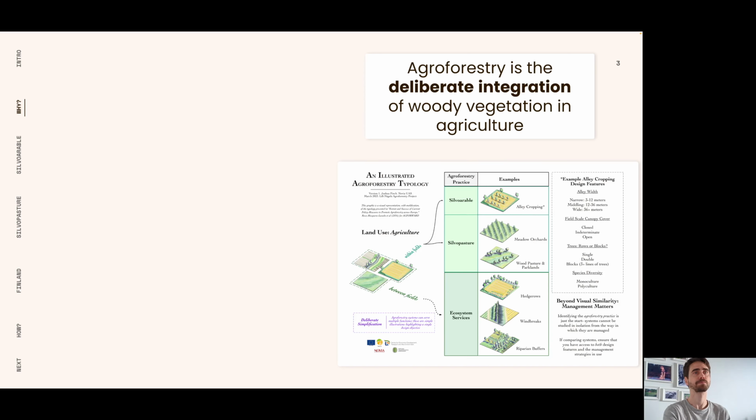So let's look at what some of these things can be. This image here is what I've called an illustrated agroforestry typology. It's slightly out of date, and it's based off of some of these documents that are being produced at a European Union level, especially through the European Agroforestry Federation and associated projects.